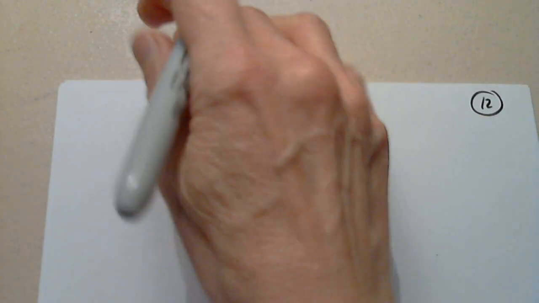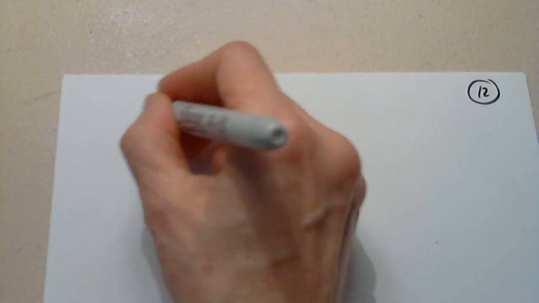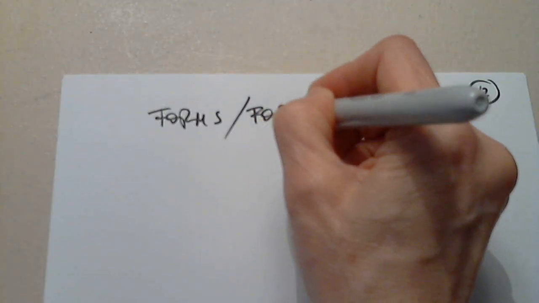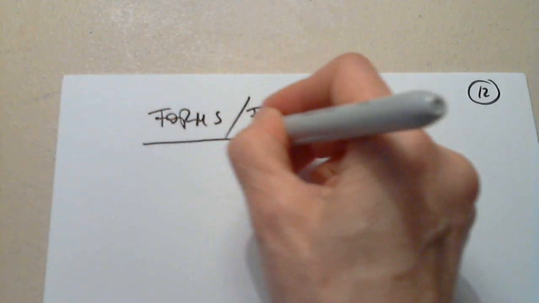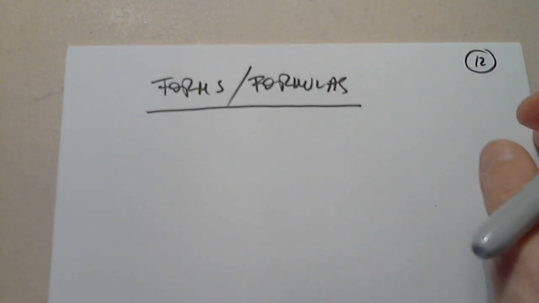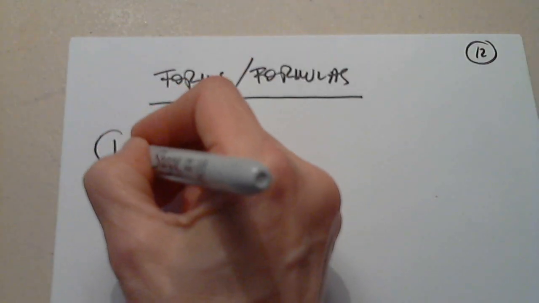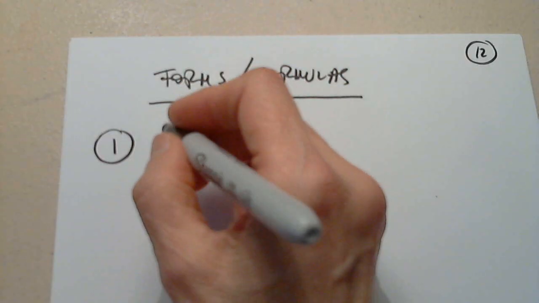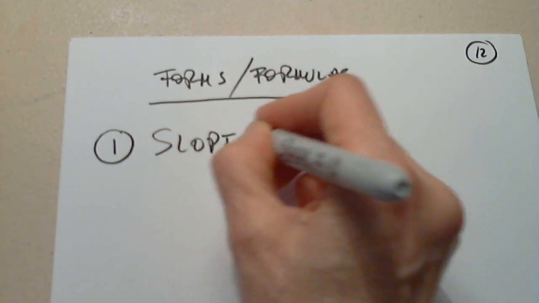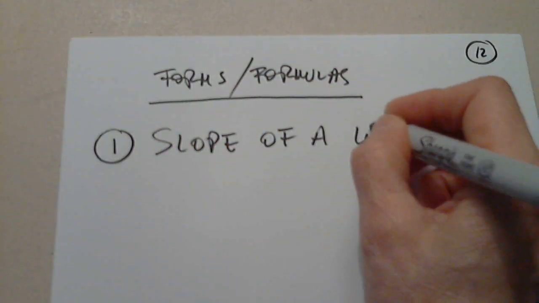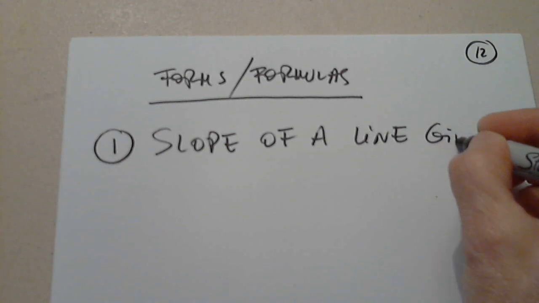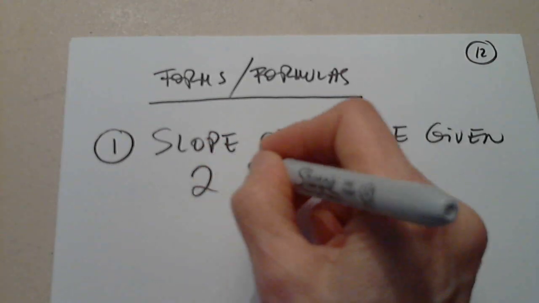So I want to mention again different definitions here and different forms, formulas. I'm going to list all of them in this module. I will repeat the first one that we just talked about: slope of a line given 2 points.